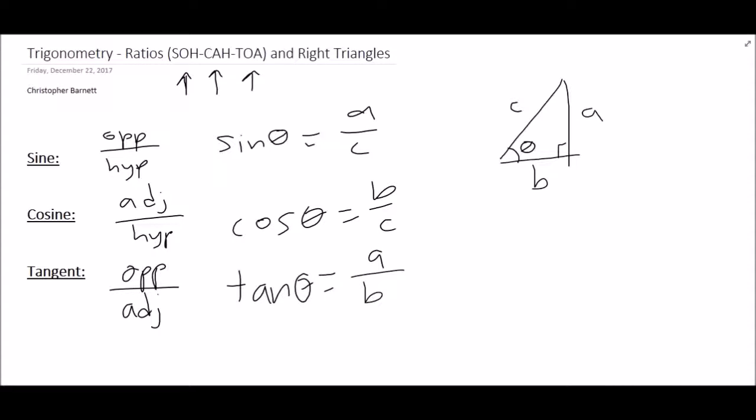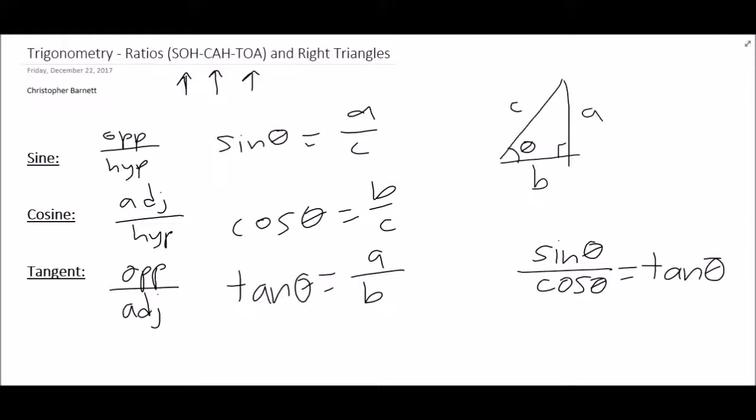Now, tangent is opposite over adjacent, but you will learn that it's also another thing, which is basically the same thing, if that makes sense. So you'll also learn it to be sine theta over cosine theta. It's the same thing, equals tangent theta.